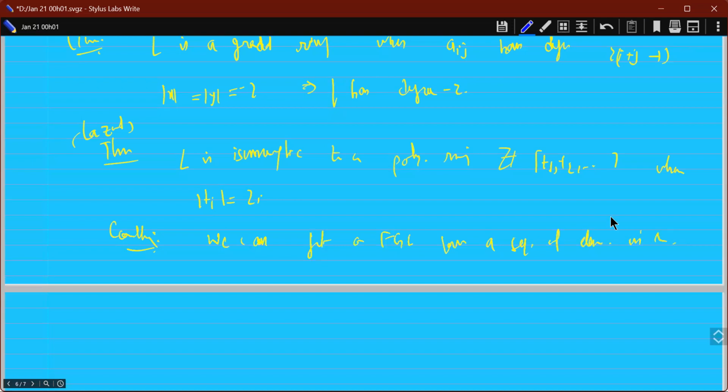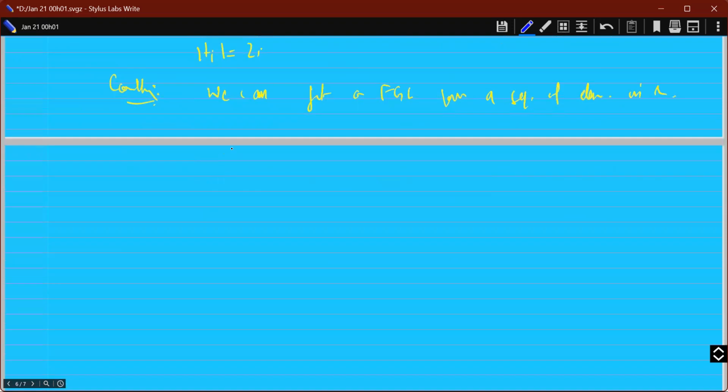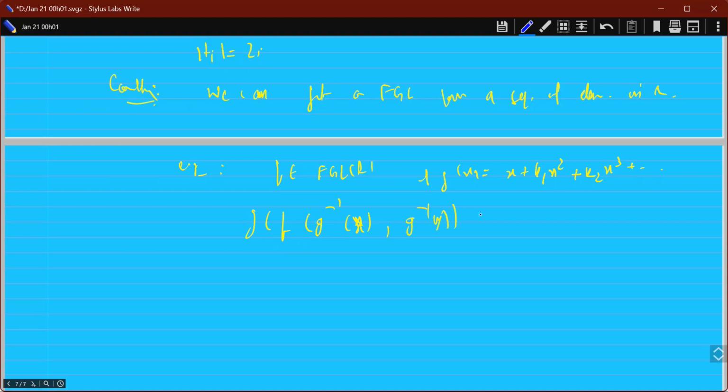Apart from the couple of examples that we have, another example would be, if F is a formal group law over R, and we have this polynomial G, then by conjugation by G we get another formal group law.